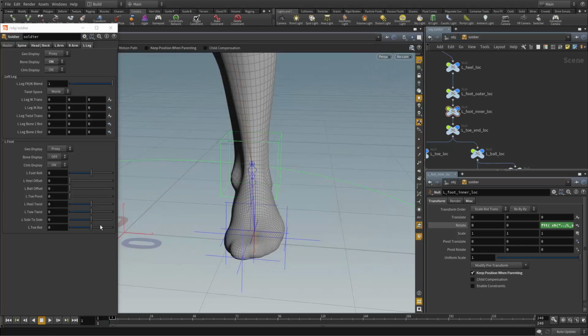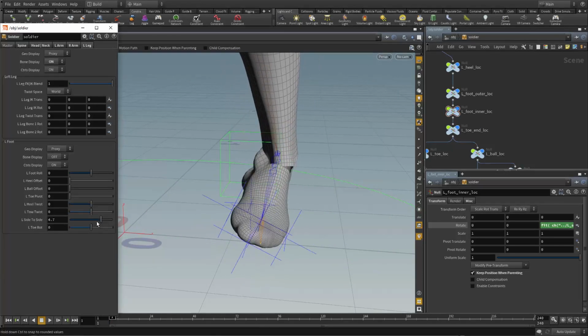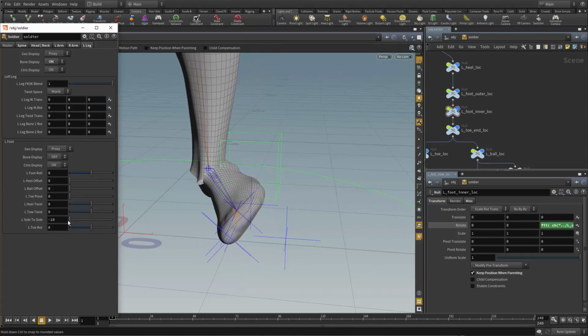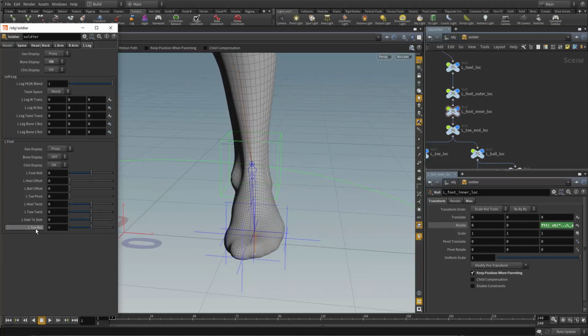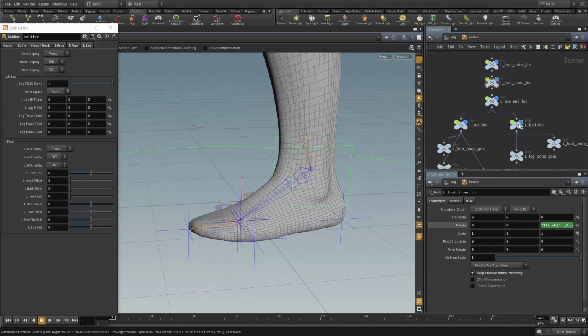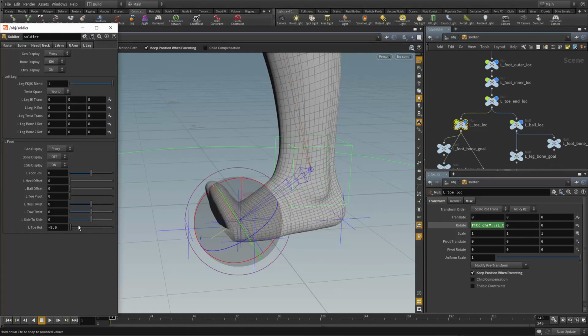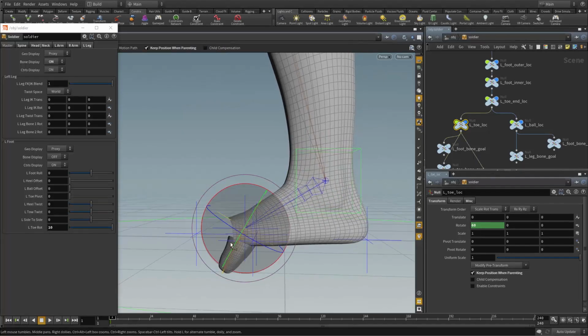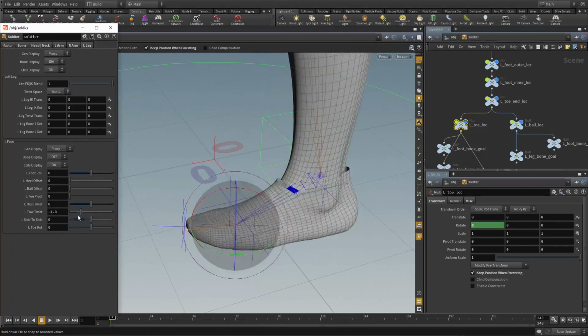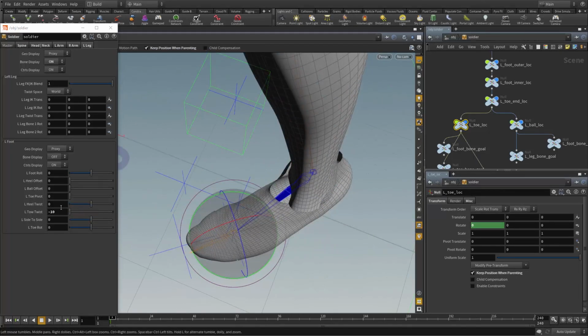So that gives me 0 to 10, and from 0 to -10. And then the toe rotation is just this one. And again, this value of 60 is just one that I picked, and I can change that at any time. And then the toe twist, I just picked a rotational value.